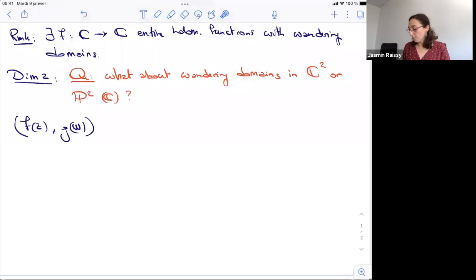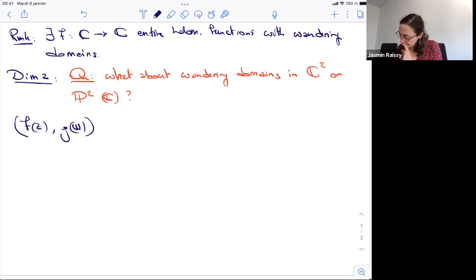But now you say, who are the real complex analogs of holomorphic entire functions? And what you're going to ask yourself is, can I find an automorphism of C2, something which is a little more rigid, which is still holomorphic, with a wandering domain?